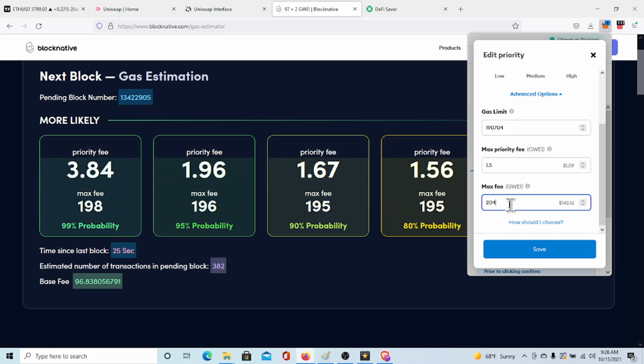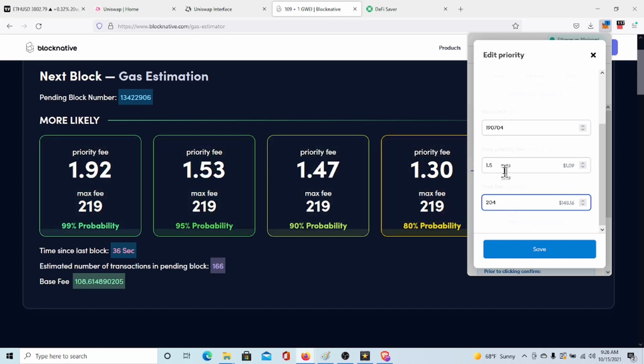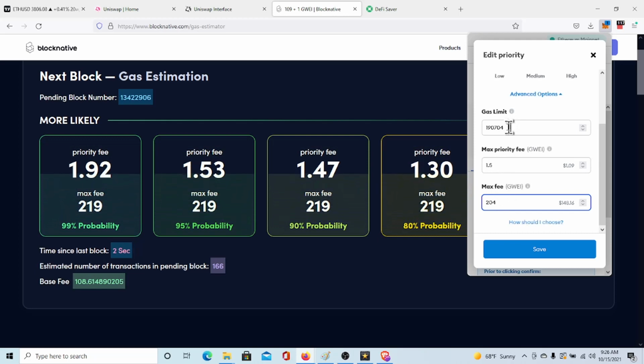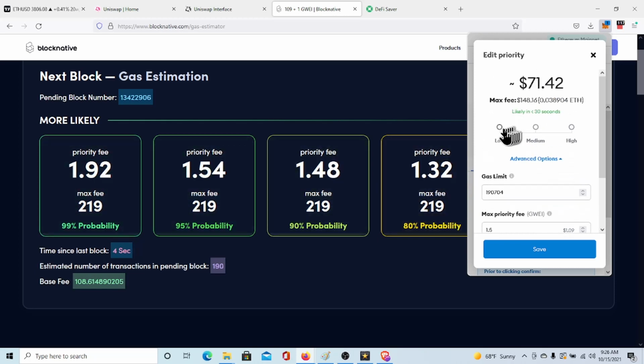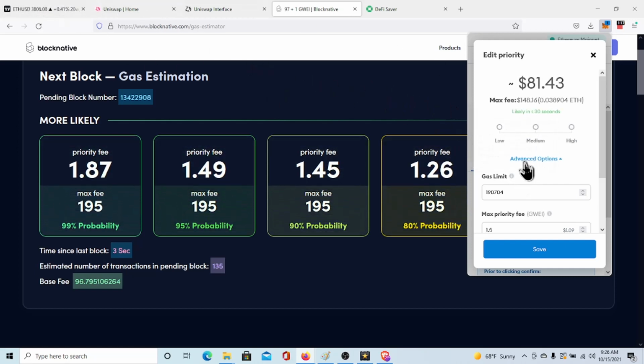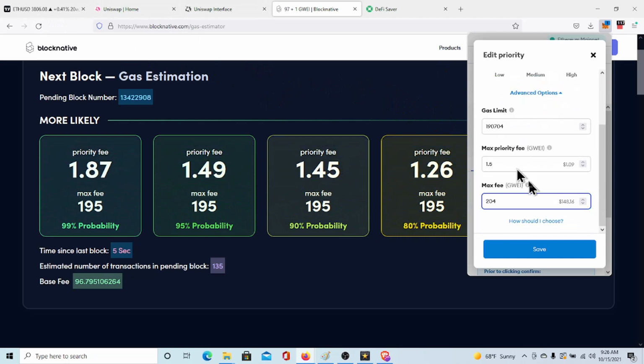So 204 divided by a billion times the number of gas, because this number means gwei per gas, so each gas costs 204 gwei. So 204 times 190,000, that's going to give you the amount of ETH, and the amount of ETH times the price, which is 3,800 now, will give you the amount of dollars you're going to pay. Okay, just a heads up there.